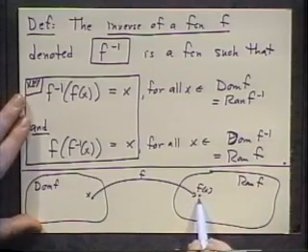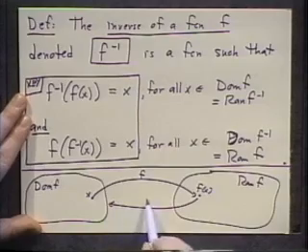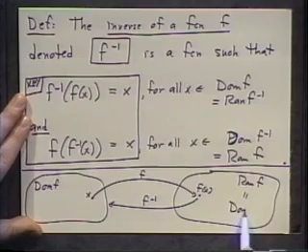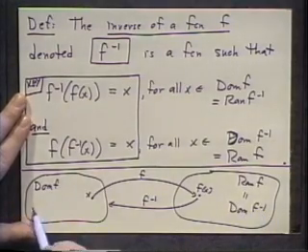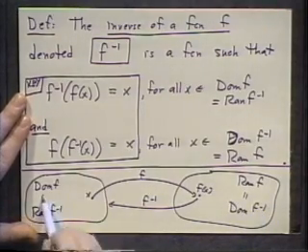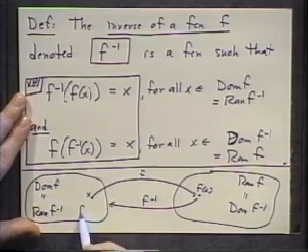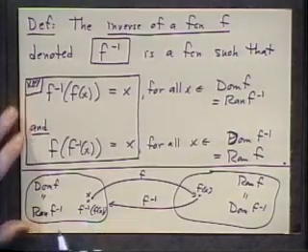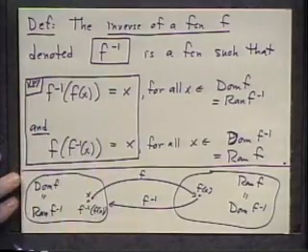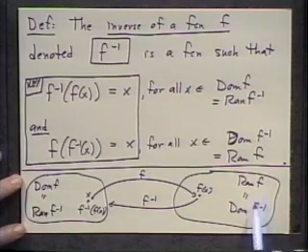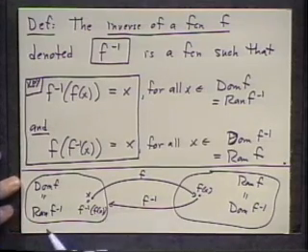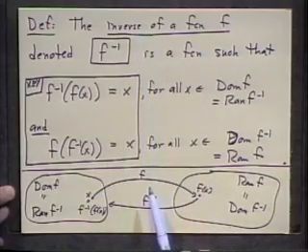But now, if I want to act upon f of x via the inverse function, f inverse, this now becomes the domain of that new function f inverse, and this becomes the range of f inverse. And what do I have here? I have f inverse of f of x, which of course is equal to x. That's exactly this statement right there. So the range of f and the domain of f inverse are the same. The domain of f and the range of f inverse are the same. They're just reversing, that's all. Not a mystery. So this is the definition of an inverse function.